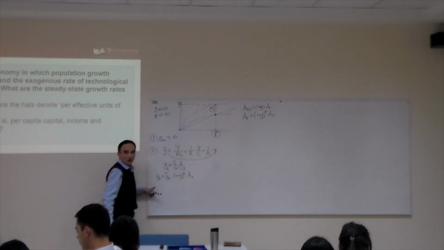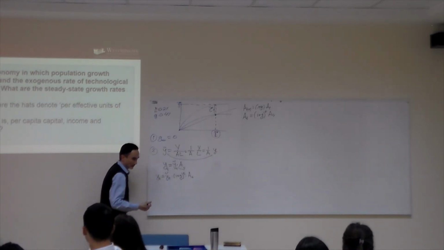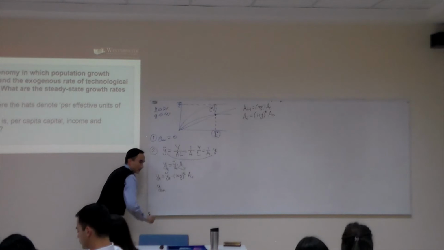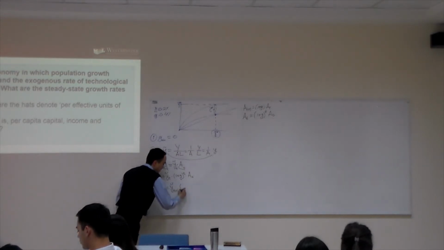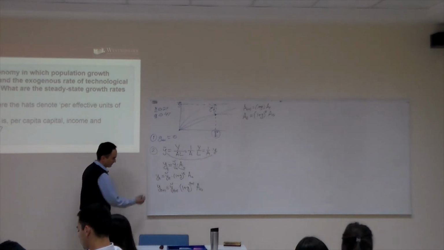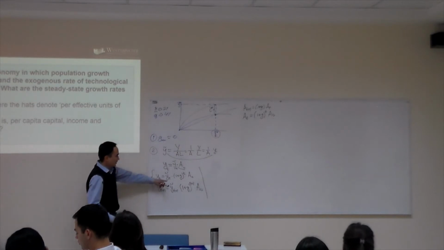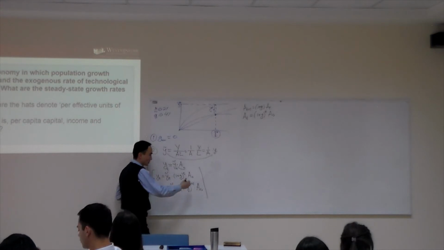Right? So now, I would like you to write this equation for the next period. What about our output per worker for the next year? At t plus 1 it equals our output per effective labor for next year, t plus 1, times 1 plus g in the power of t plus 1 times initial level of technology, right? Okay. Now we have these two. Now take natural log of both equations.